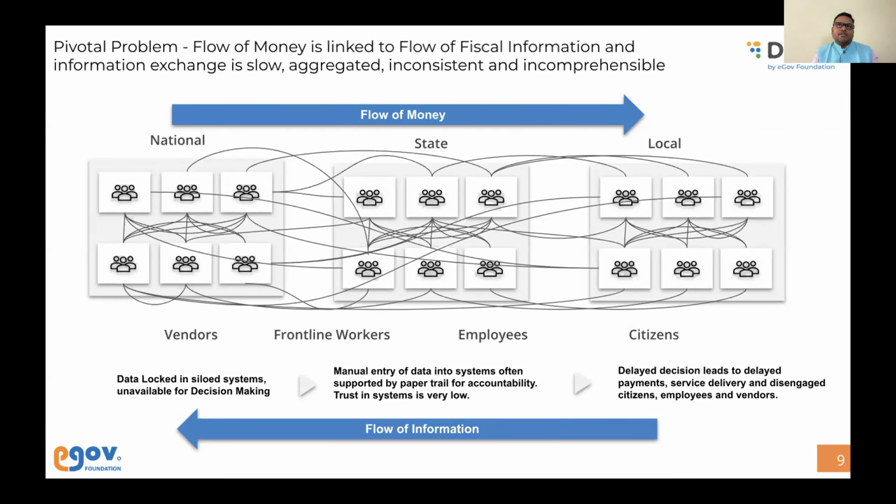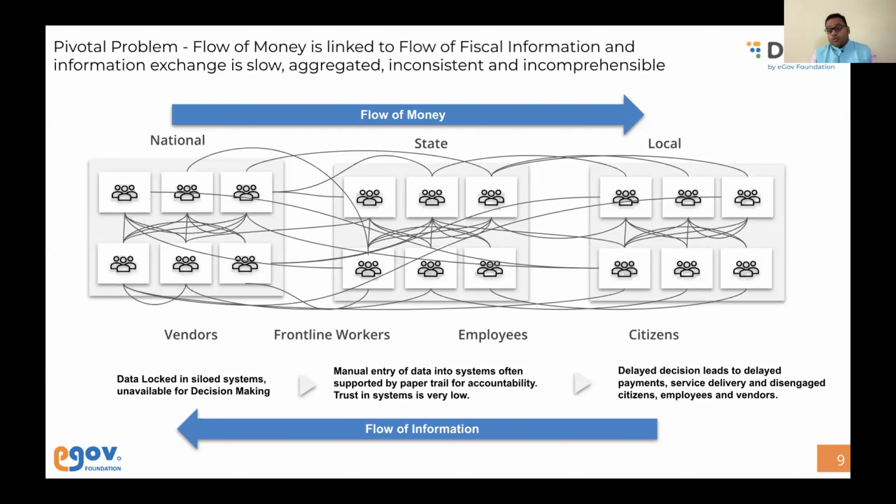For example, most of the subnational governments in India have a single treasury account, and then there's an IFMIS that facilitates payments out of that. But the major challenge there is that a lot of this data that goes onto the IFMIS is usually manually uploaded and is supported by a parallel flow of a physical file, because the trust in the systems is low, the reliability concerns, and whatnot. So that also poses a key challenge for us.